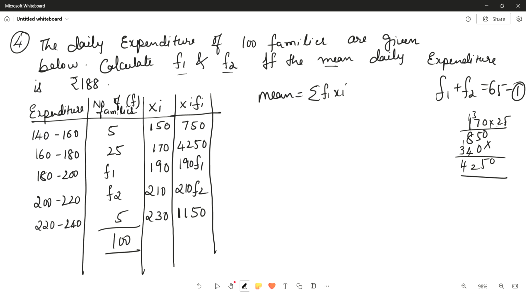If you add everything, how much you will get? 4250 plus 750, 5000, plus 1150, 6150. Plus 190 F1 plus 210 F2. Okay. So this is sigma fi into xi. Sigma fi is what? 100.